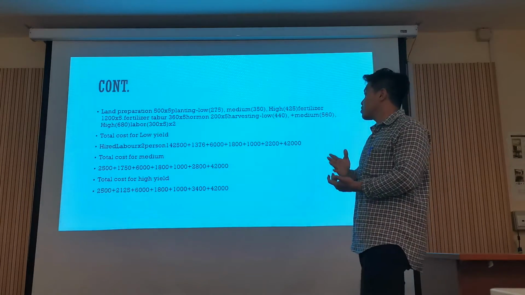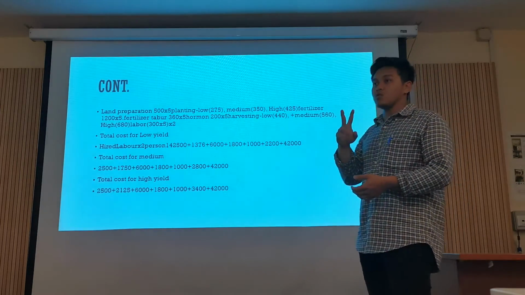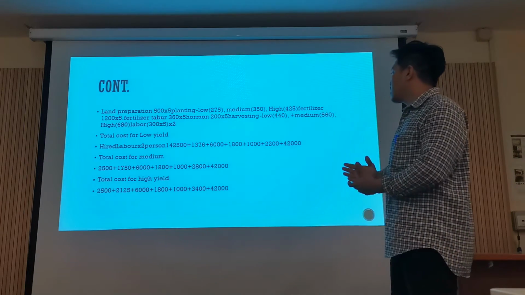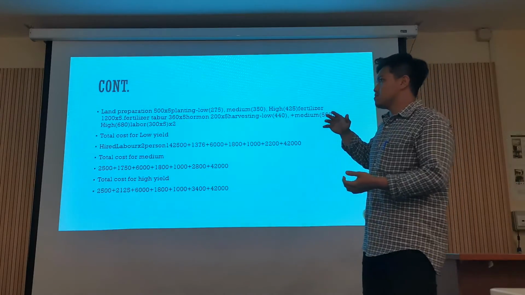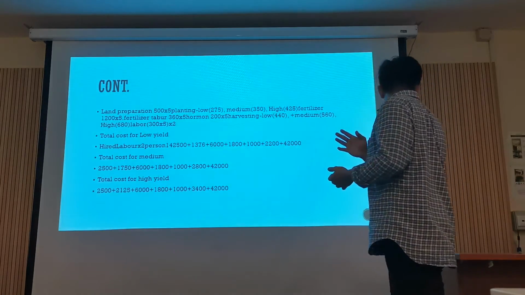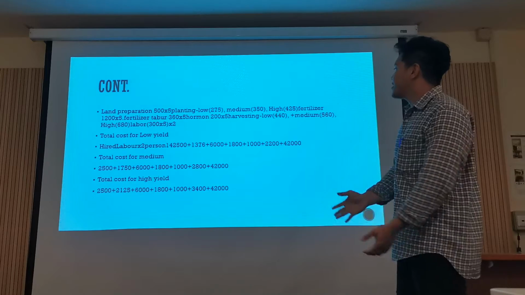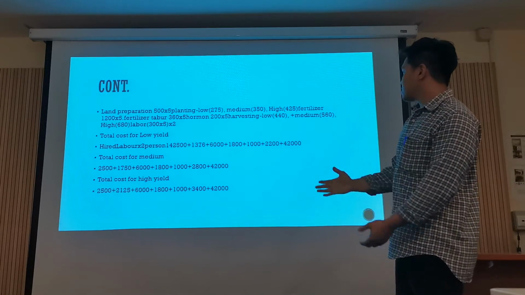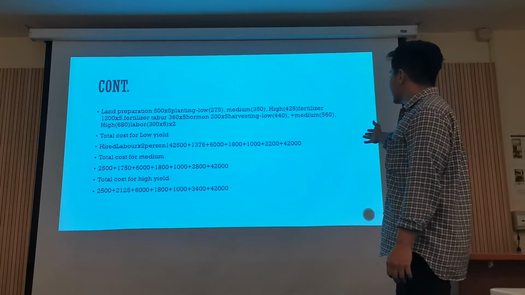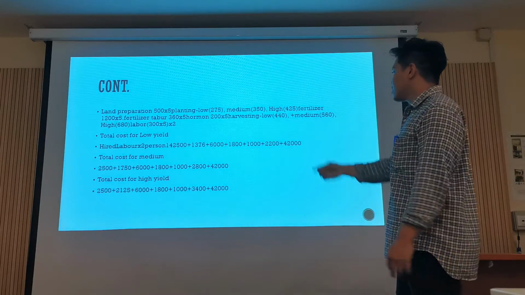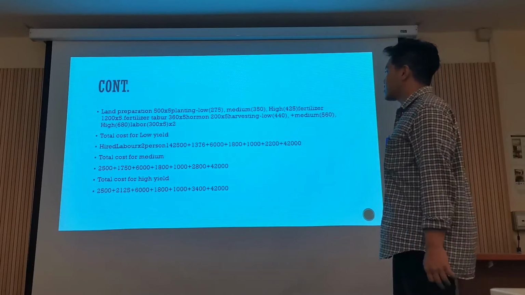For the total cost for the low yield, we include high labor, using 2%, which is around 56 like that. The total we will see in the next table, the total cost for medium and the total cost for high.